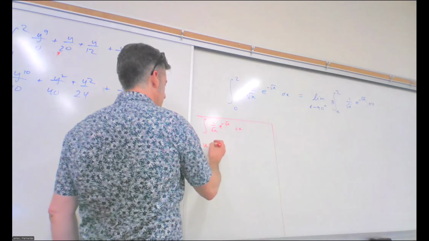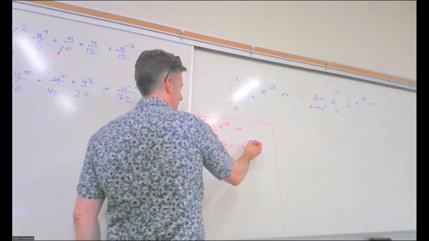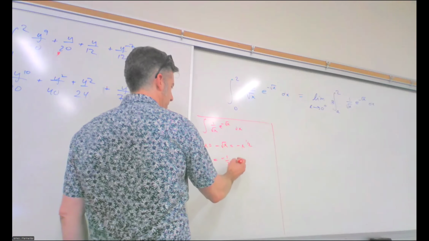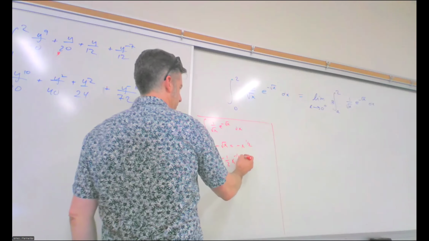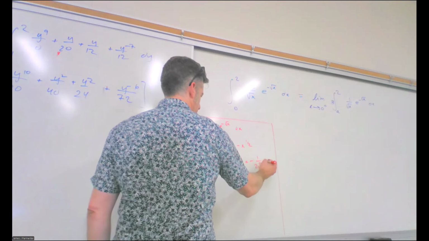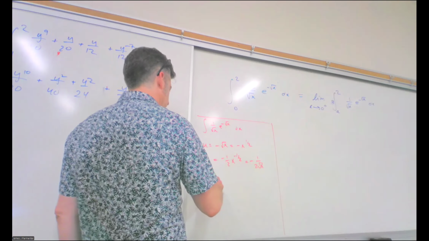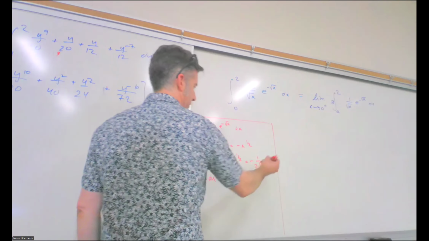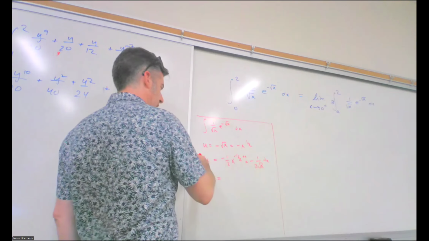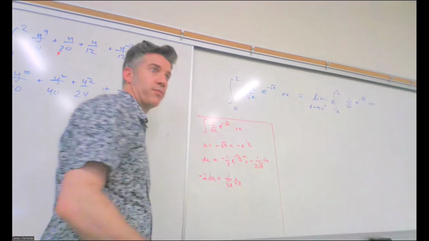So I'm going to pick my u equal to negative root x, which is negative x to the 1/2. My du is negative 1/2 x to the negative 1/2, which is negative 1 over 2 root x. I don't really want the negative 1/2 part, so negative 2 times du, don't forget the dx there, is equal to 1 over root x times dx.